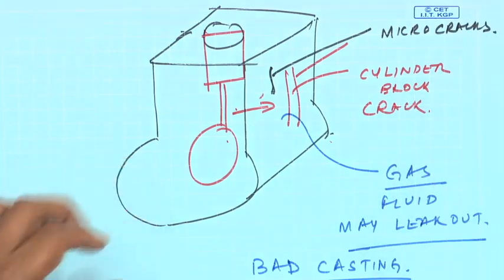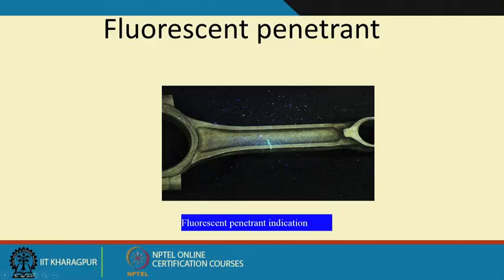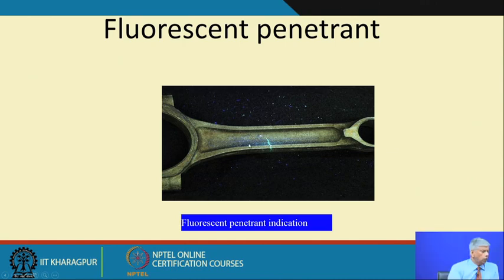So people use a fluorescent penetrant or a dye like you see in this figure here. This is a connecting rod, maybe after forging it has been machined. If we put a dye on the surface, because of the surface tension and the crack, the dye is going to get deposited on the surface, and under a fluorescent light this is going to glow.